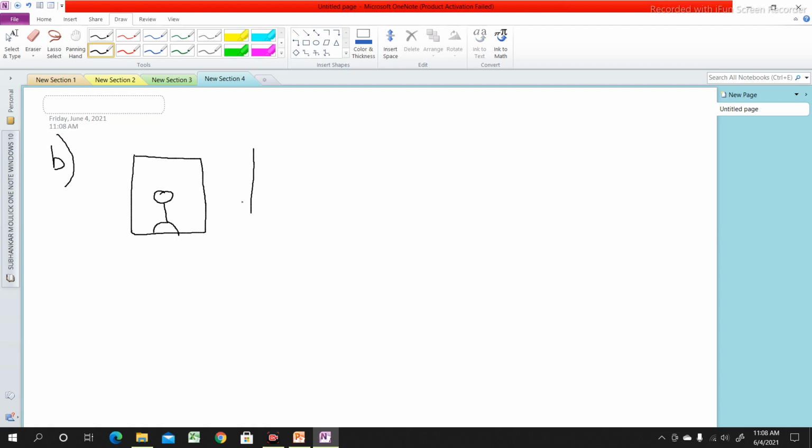So this is the motion of the lift, with some acceleration. How much is that acceleration? Given in the problem, it is 2.5 meter per second square.